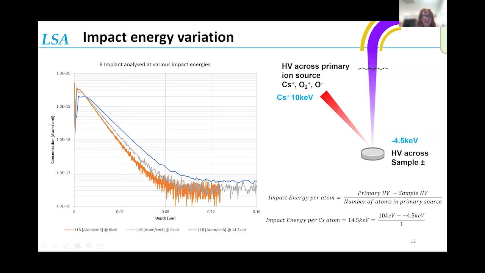Using 15 kV, this profile would take about 10 minutes, whereas using 6 kV impact energy, the orange profile would probably take 40 to 60 minutes. So you have to compromise time over quality of profile, because obviously it costs more to run the machine for a much longer period of time.